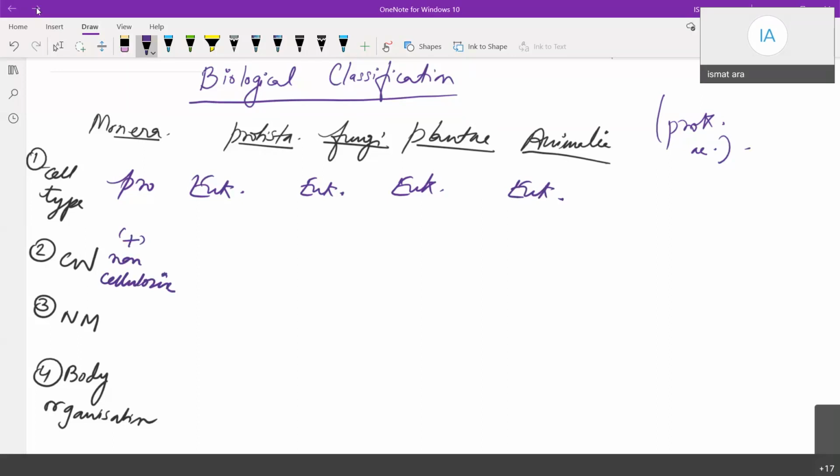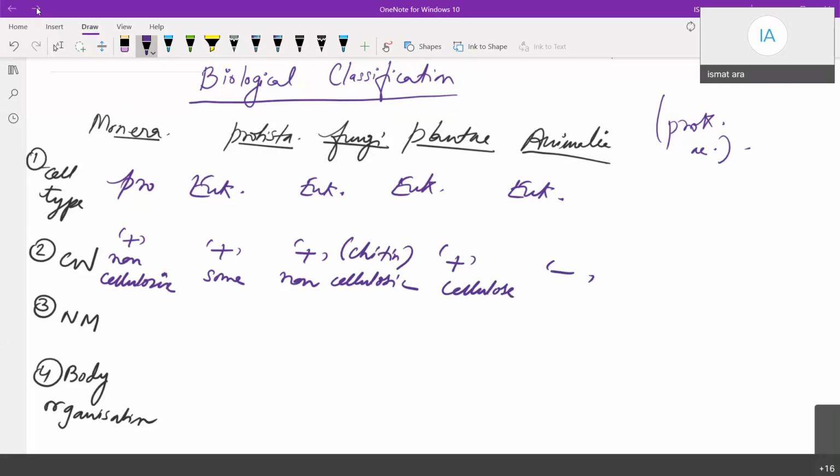Non-cellulosic means they are not made up of cellulose. Some proteins are present. In fungi, cell wall is also present, but non-cellulosic. In fungi, cell wall is made up of chitin. In Plantae, it is made up of cellulose. And in animals, cell wall is absent.